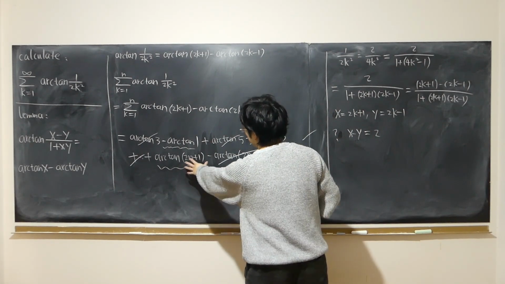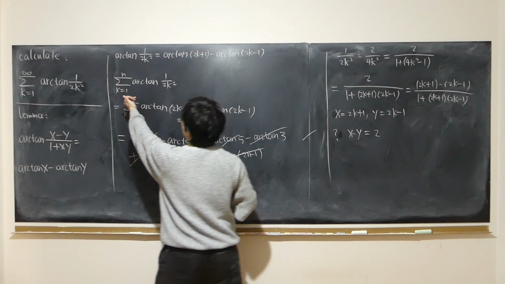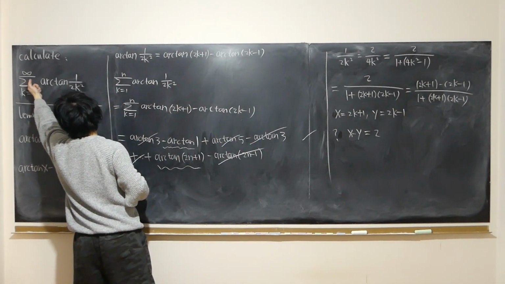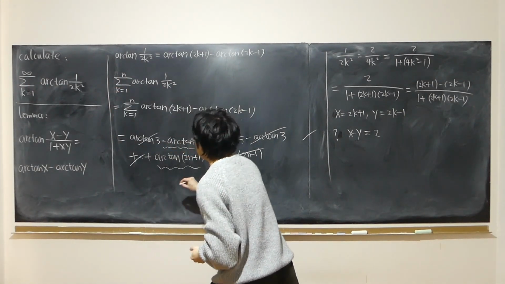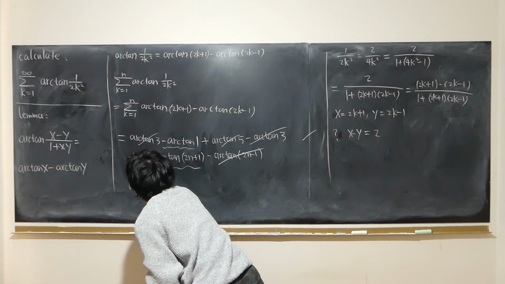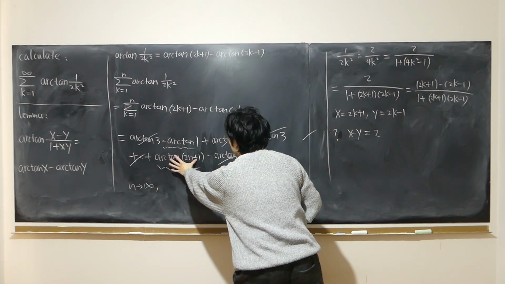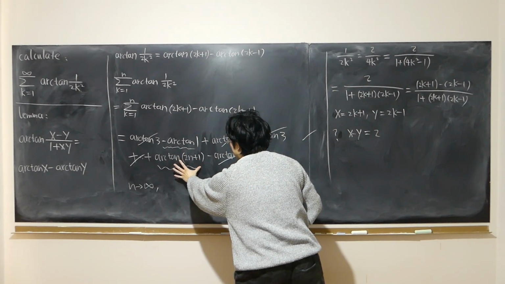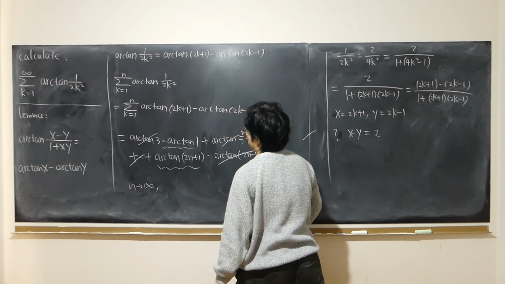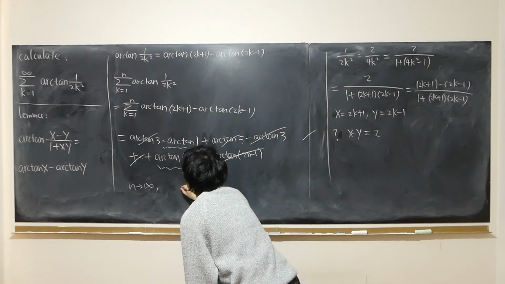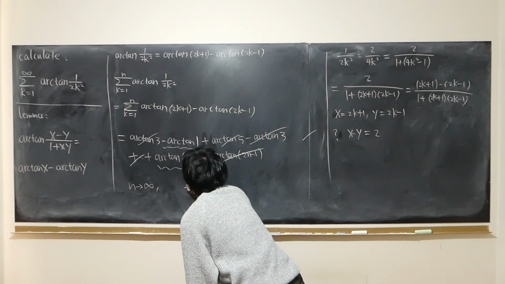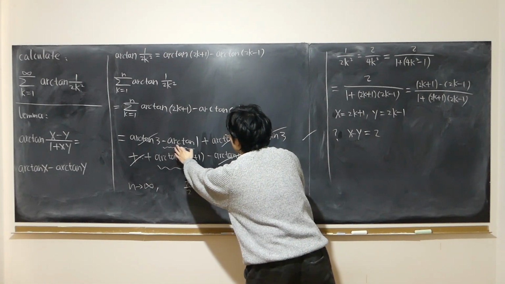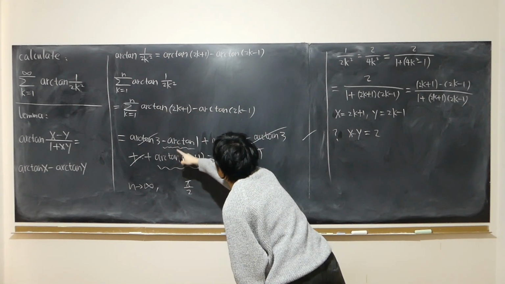So if I let n approach infinity, this will turn into arctangent of positive infinity. What is that? Half pi. So I have half pi, and I still have this, minus arctangent of 1.